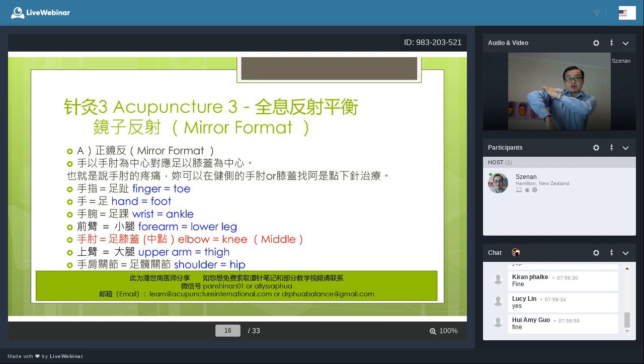And my legs over here. Or the other side of the leg over here and here. Can you see the opportunity, how many areas you can needle in Dr. Tan's balance method? This is beautiful. This is amazing. And this is wonderful.